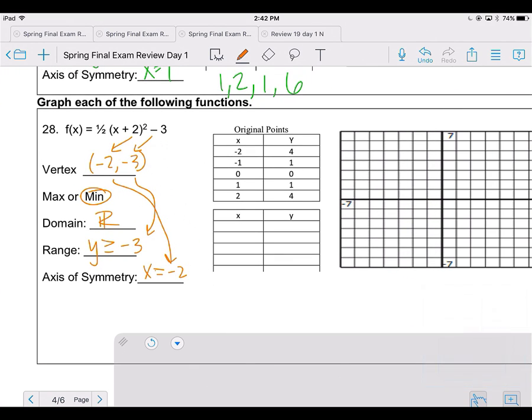So my vertex is -2, -3. My pattern changes by 1/2. So we go right 1, up 1/2, right 1, up 1.5, right 1, up 1/2, right 1, up 1.5. And draw our graph.